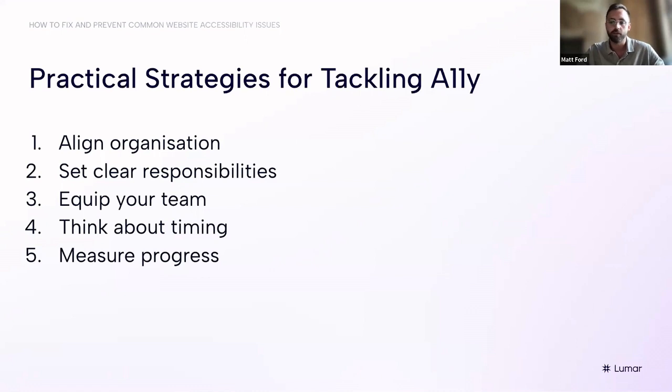So think about the kind of metrics that you might be able to track and report on. So reduction in the total number of accessibility issues, or increase in the compliance of the WCAG success criteria, or even just the number of accessibility related complaints has reduced over time as you're improving these different aspects.